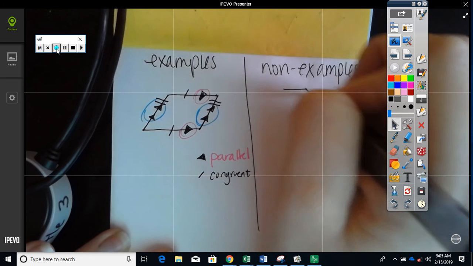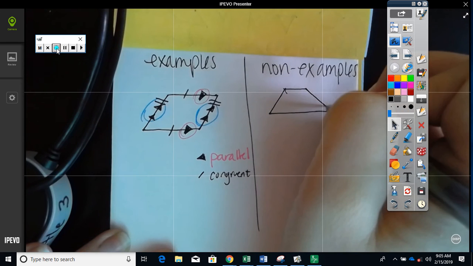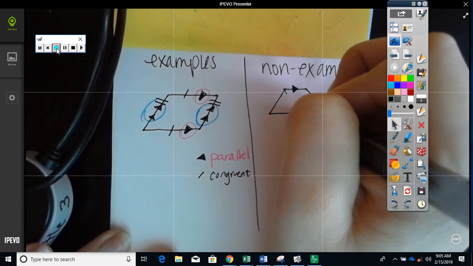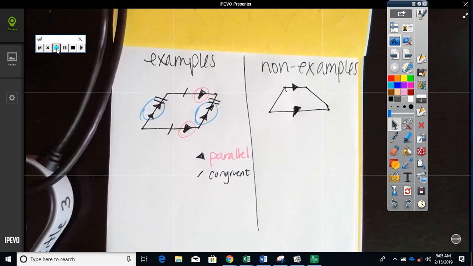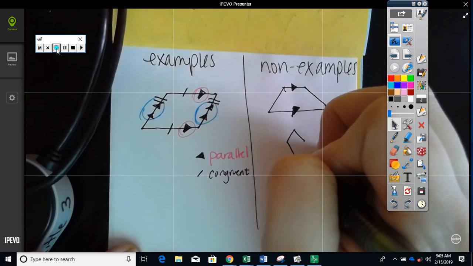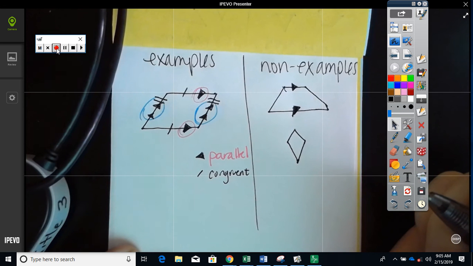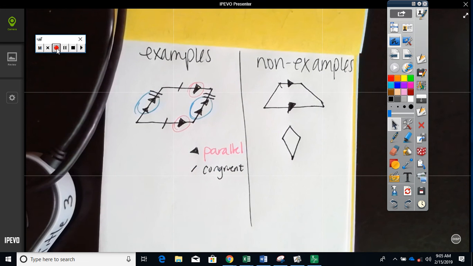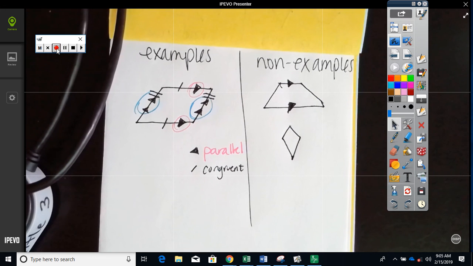A non-example would be something like a trapezoid, where you only have one pair. We're going to talk about a kite later, and in a kite, none of them are parallel. So that's what would make those non-examples. What's another one that we did?